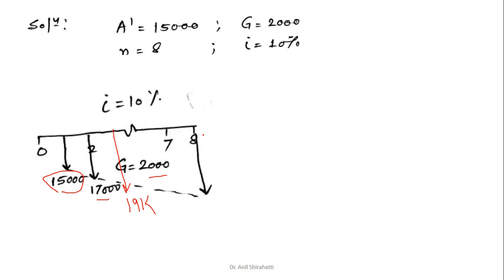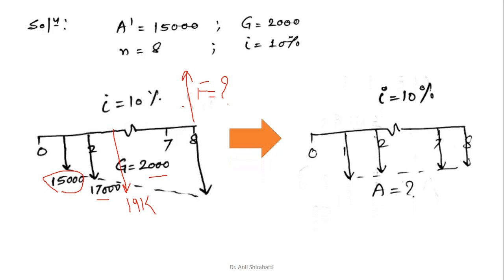Now you have to find the future amount he may get at the end of these 8 years. Now this equation cannot be directly solved, and we have to do one intermediate step. The intermediate step is that I have to convert this increasing gradient series into a constant A value, an annuity value.